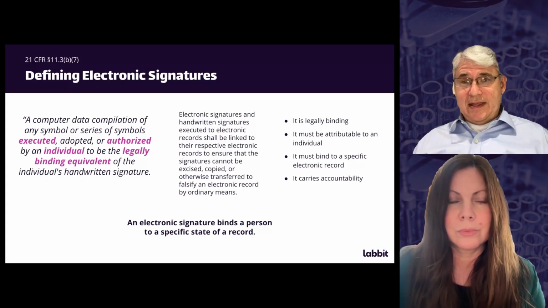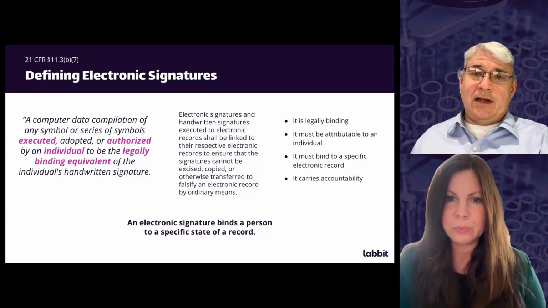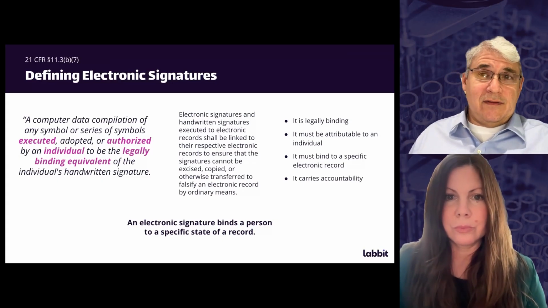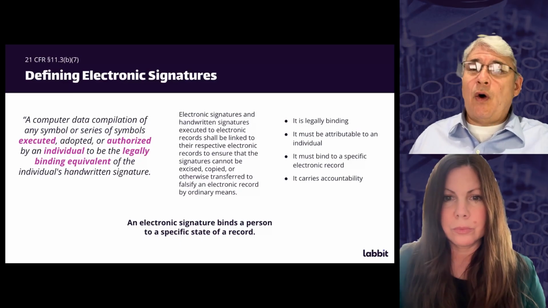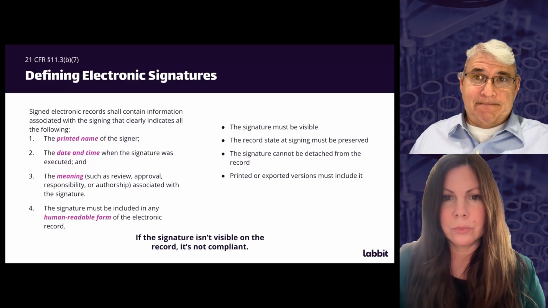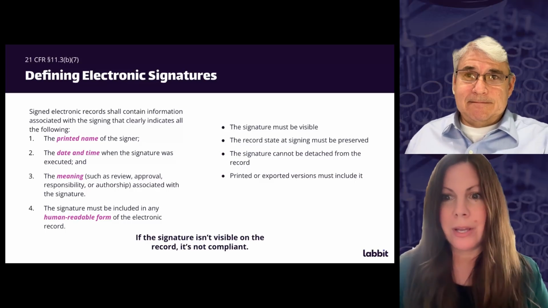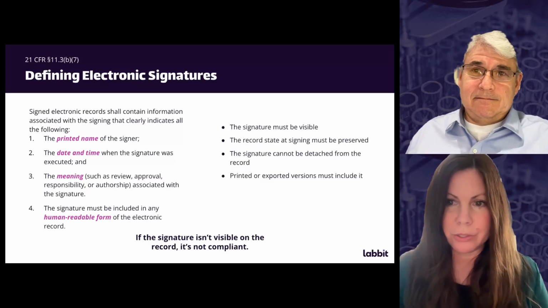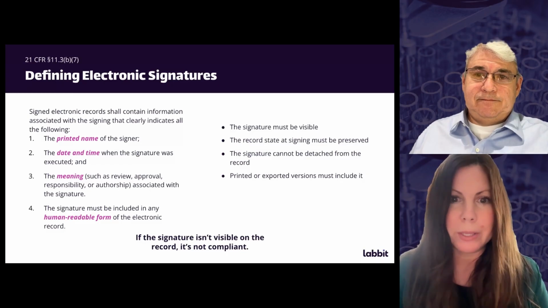And one other thing that is often overlooked when you talk about the regulations of electronic signature, of electronic record, is that once you sign the data, it needs to always be visible when looking at that data. The regulation doesn't only stipulate that signatures must be present and used. It also defines how they must appear and what they must contain.